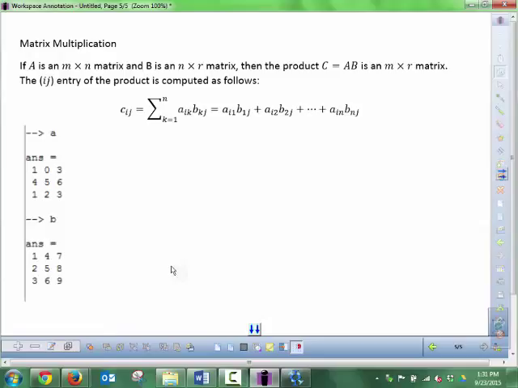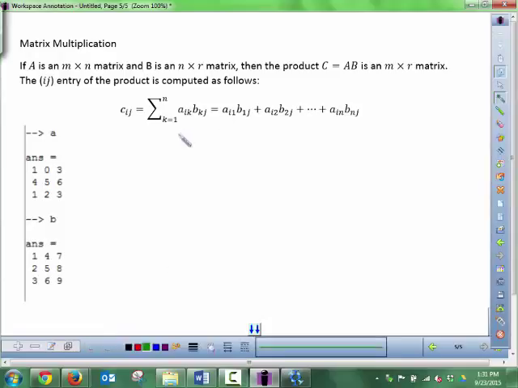So if you have matrix A and the matrix B, it looks really complicated. But this is really a dot product of some sort.